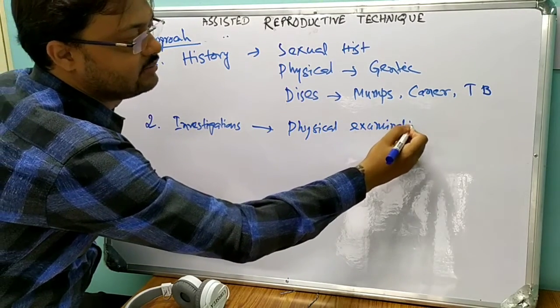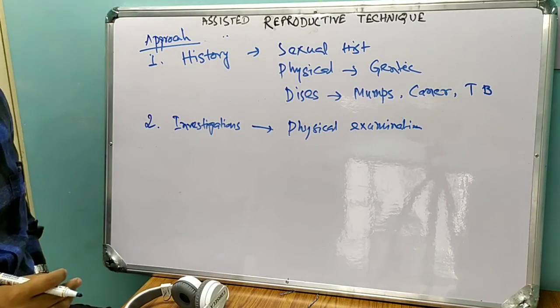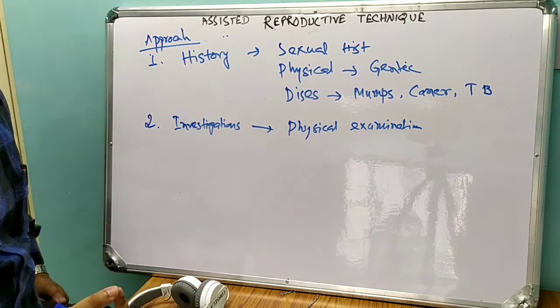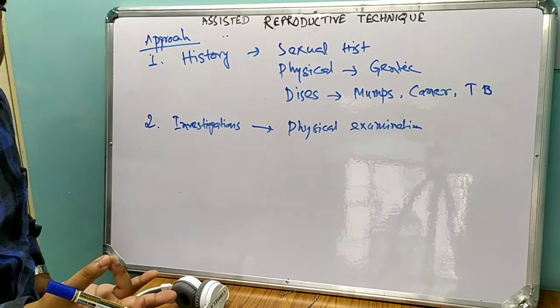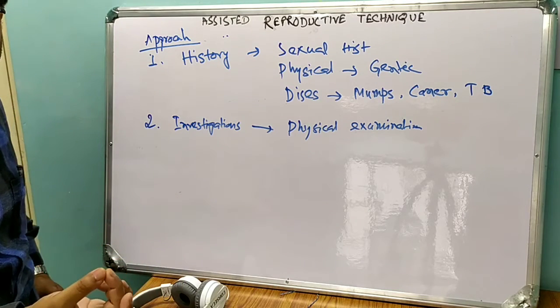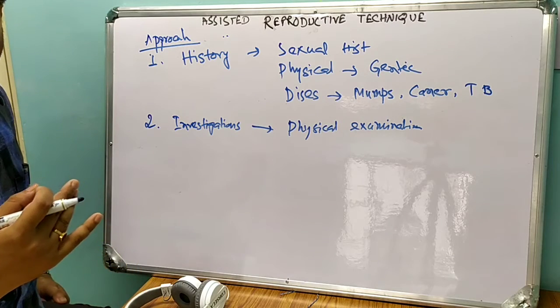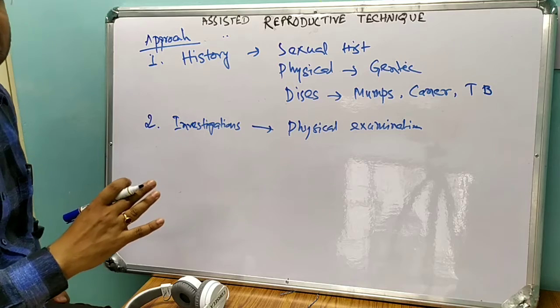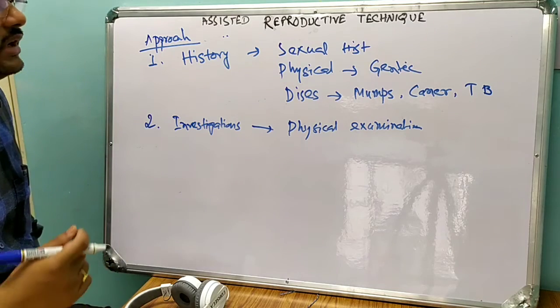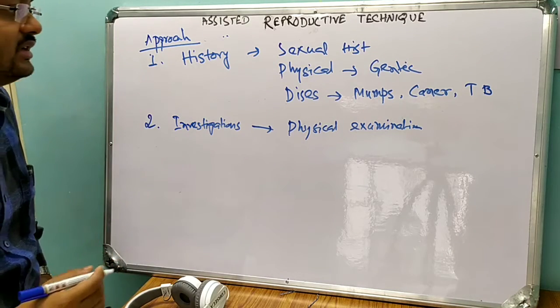Physical examination may reveal a lot of things: presence of orchitis, absence of a viable genital tract in females, absence of uterus, absence of secondary sexual characters in both males and females, all might give you a clue about any kind of genetic disorder.